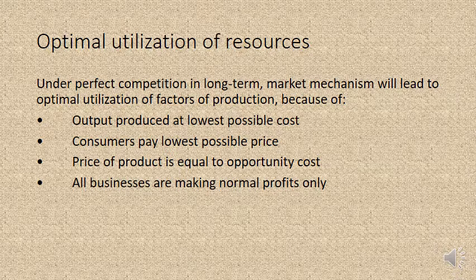The price of the product is therefore equal to the opportunity cost, meaning that the consumers can get that same product at the same price anywhere else. So they're not giving up any more than what they have to. And obviously in the long run, the businesses are only making normal profit.